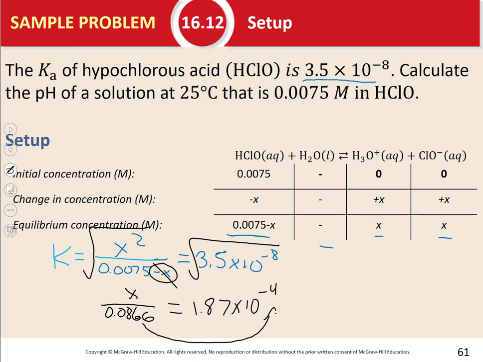Then we bring the denominator out front to get rid of it. And we end up with x equal to 1.62 times 10 to the negative fifth as our x.